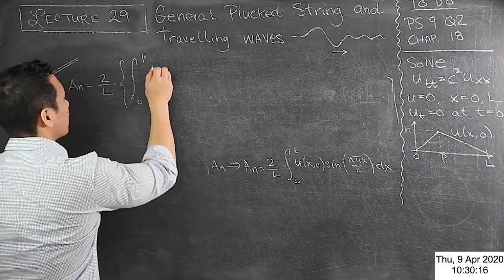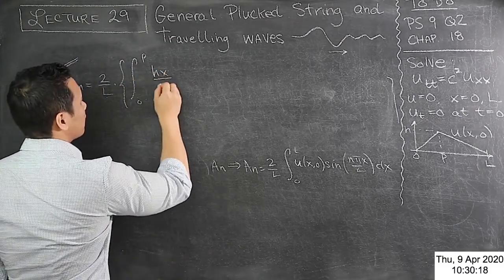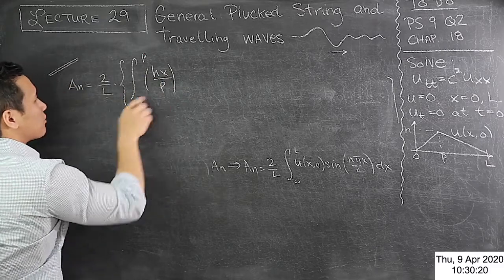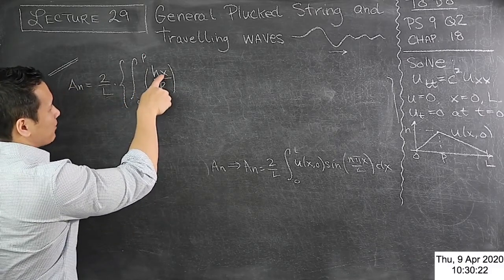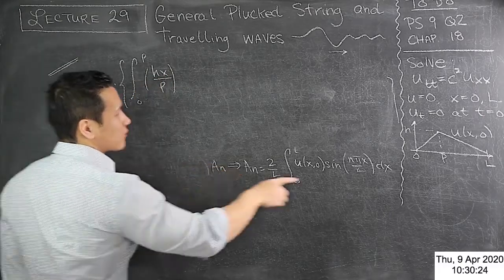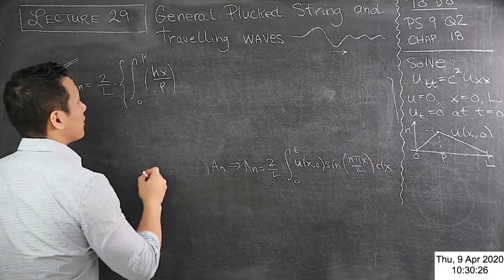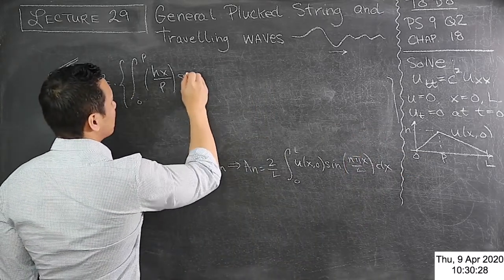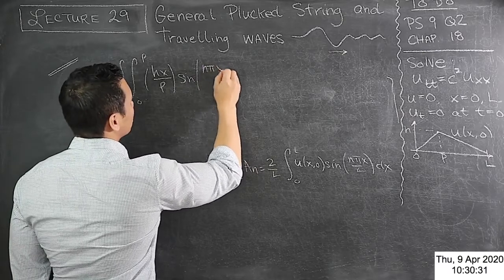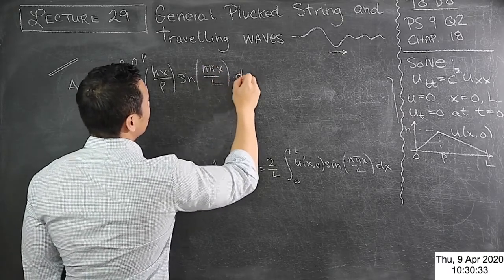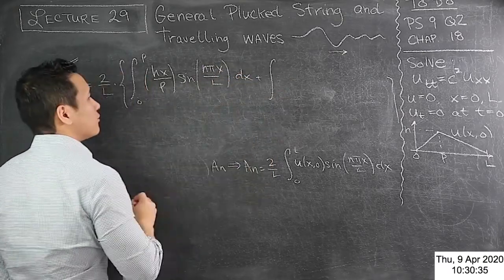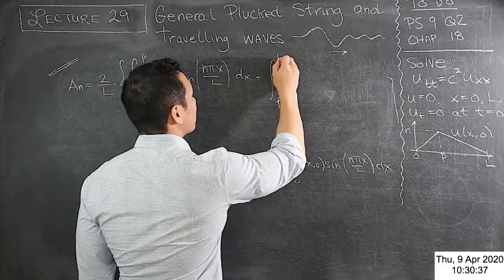It's told you that its initial condition is hx over p. Just make sure, for instance, that if I put x equal to p, then I get h for the height, as you should. And then this is multiplied by sine of n pi x over L. And then you add that to a segment from p to L, like that.